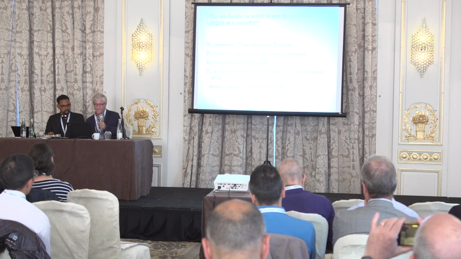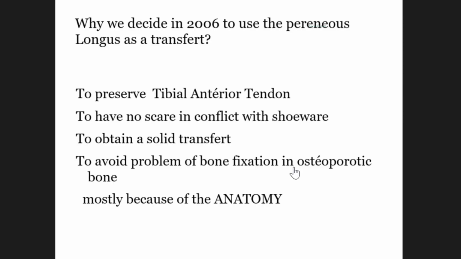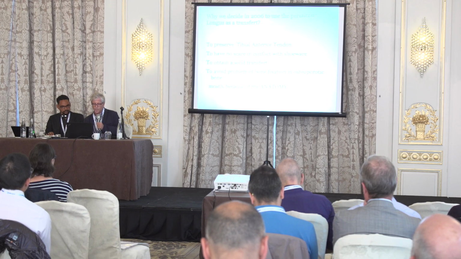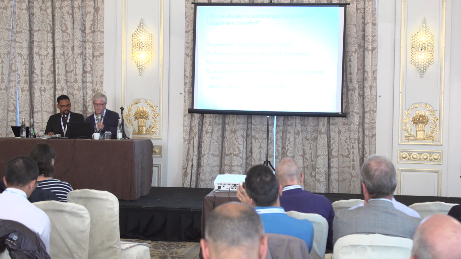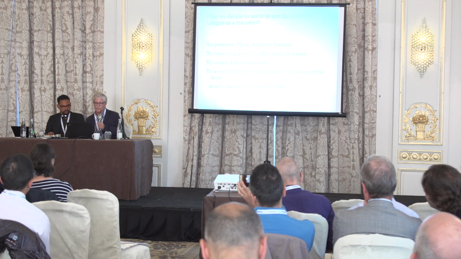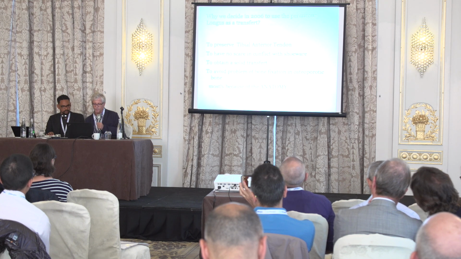So why did we decide in 2006 to use the peroneus longus as a transfer? The reason was to preserve the tibial anterior tendon first, to have no scar and conflict with the shoe wear, to obtain a solid transfer, and to avoid the problem of bone fixation in osteoporotic bone.